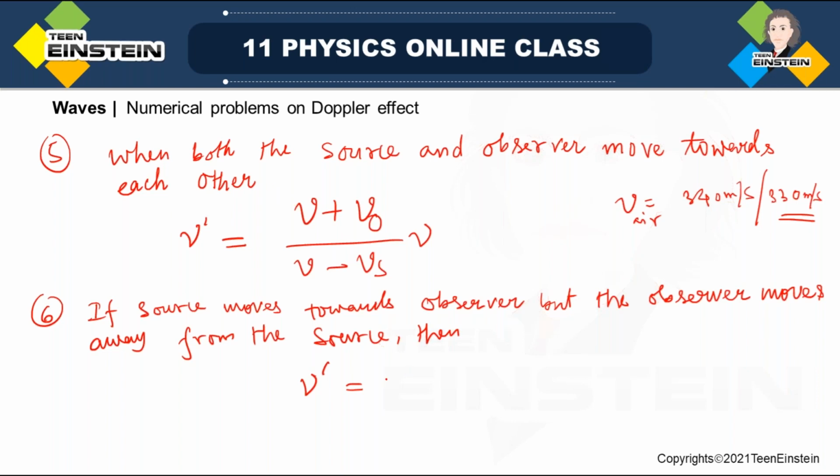In that case, this VO will be replaced by minus VO, so v minus vo divided by v minus vs, as it is.